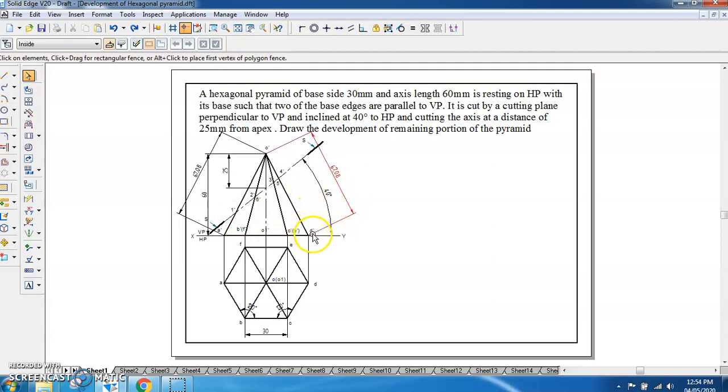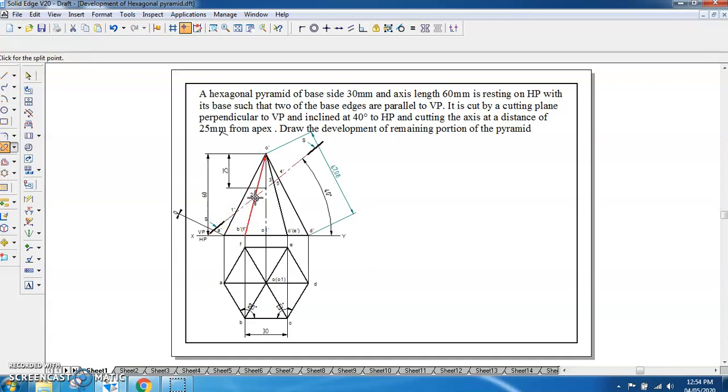For that you can consider either DO or AO. Let us consider DO as the edge which represents true length, and we will project all these points on DO. First we have to split these lines at the intersection of the points where the cutting plane has cut them. So first we will go to split.